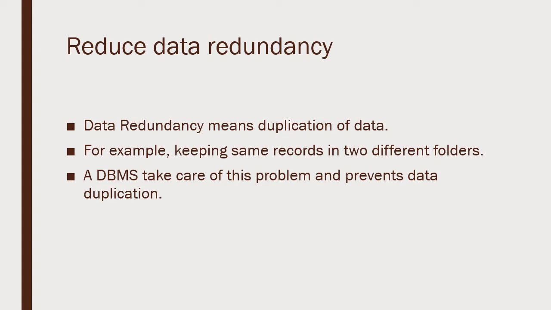Then we are wasting the memory of the computer, because we are keeping the same records in multiple places. That is called duplication of data. But a DBMS takes care of this problem and prevents data duplication. So when we try to enter duplicate data, the DBMS tells us that the data already exists, so we can't enter it. We will see how to stop duplication of data in Access.